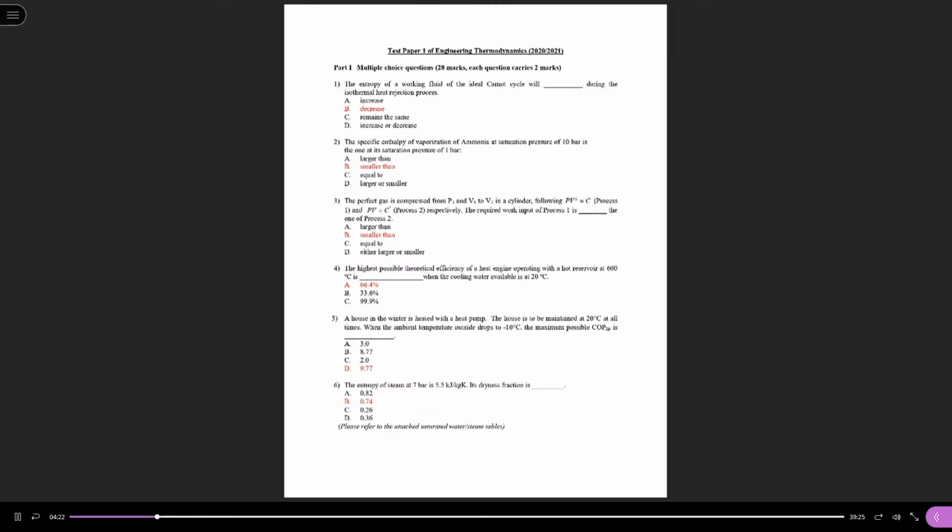For the properties, we have newly learned entropy and enthalpy. The first question is on entropy, because entropy is derived from the second law of thermodynamics.